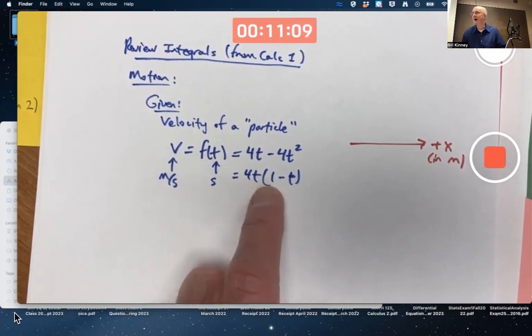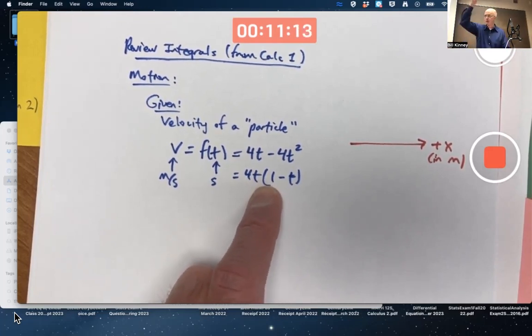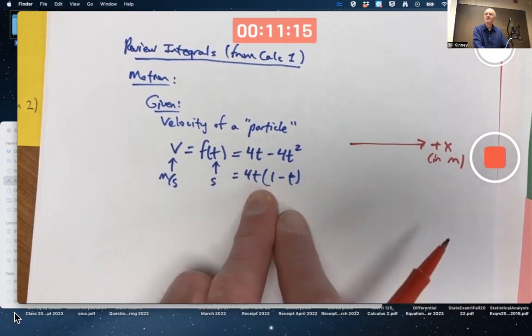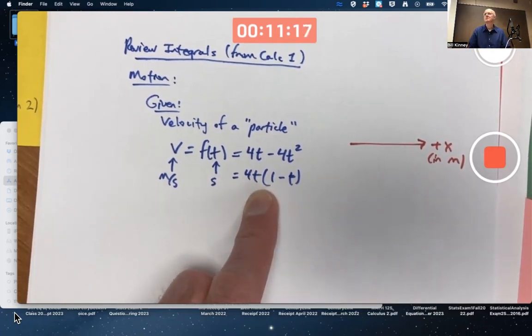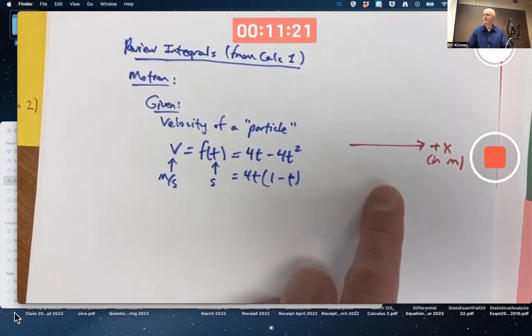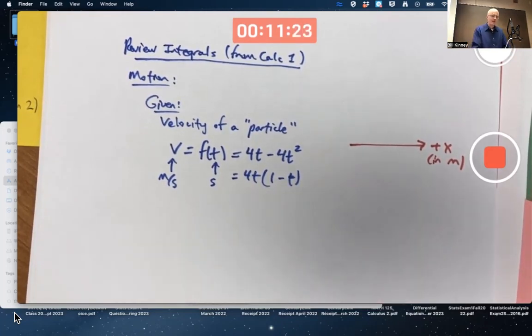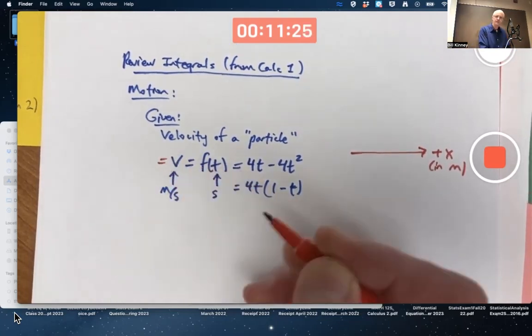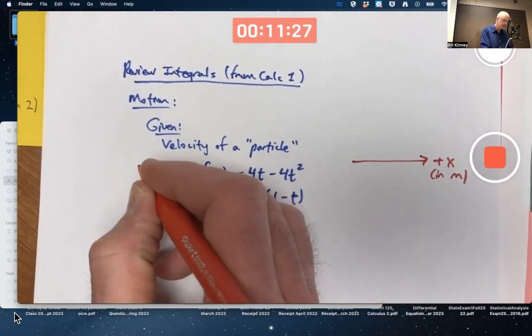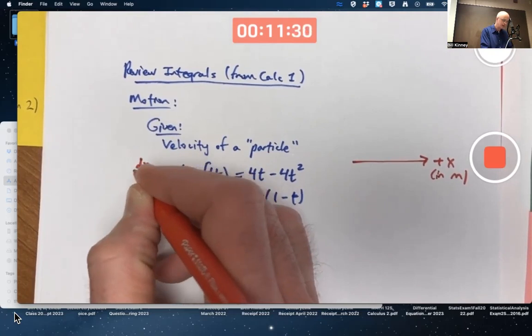People do use polynomials like this as good approximations, for example, with free fall. Is this a free fall situation? No. I'm imagining it to be a left-right motion. The velocity is a derivative. It's the derivative of x with respect to t.